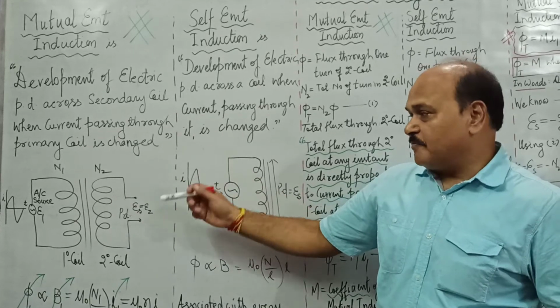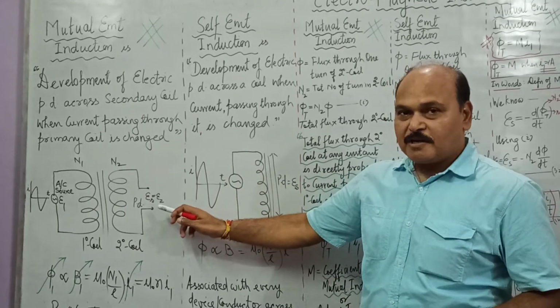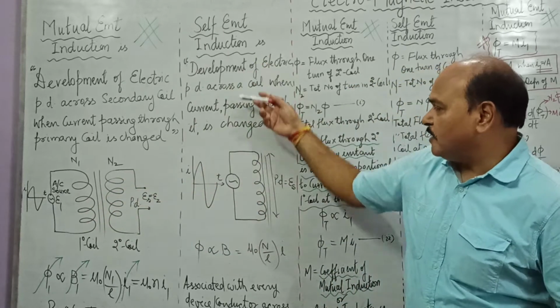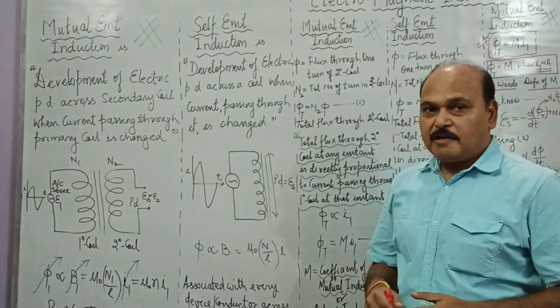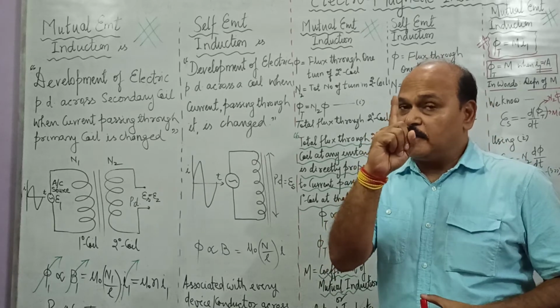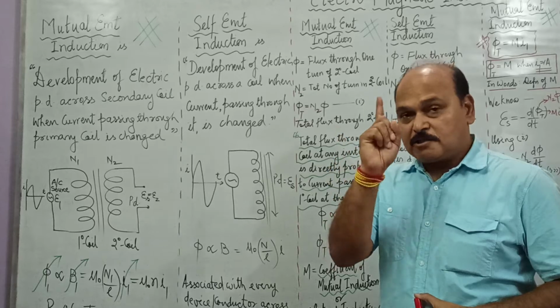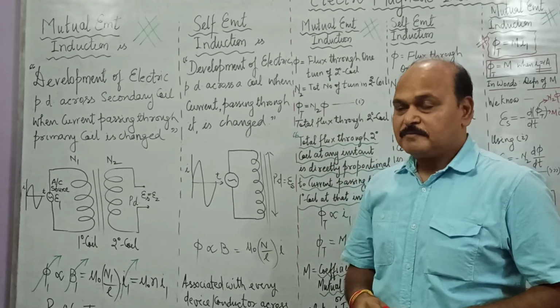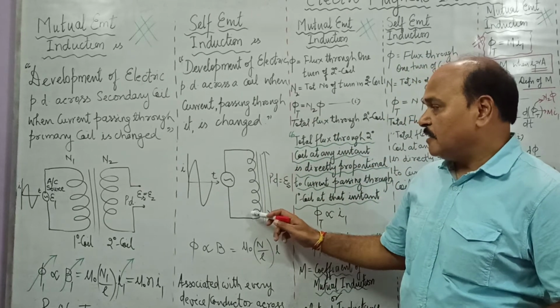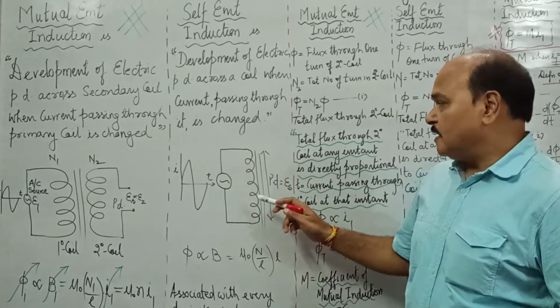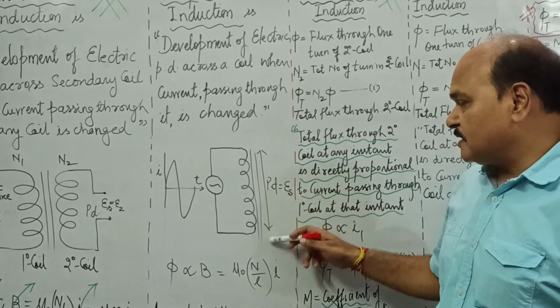The production of potential difference across the secondary coil when the current passing through the primary coil is changed. But what is self-electromagnetic induction? In self-electromagnetic induction, we have just a single coil. There is no primary or secondary coil, just one coil. As we change the current passing through the coil, a potential difference is induced across its ends.